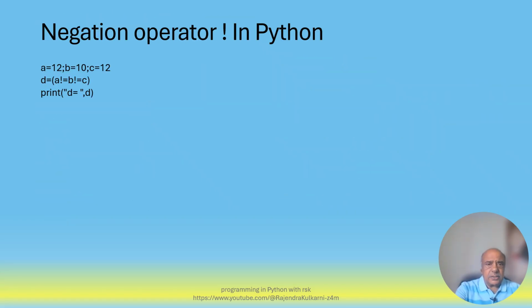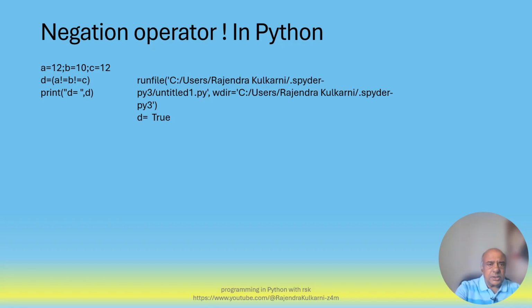Then there is a character which is used as a negation character in Python. Let us see a small program. A is assigned 12, B is 10, C is 12.